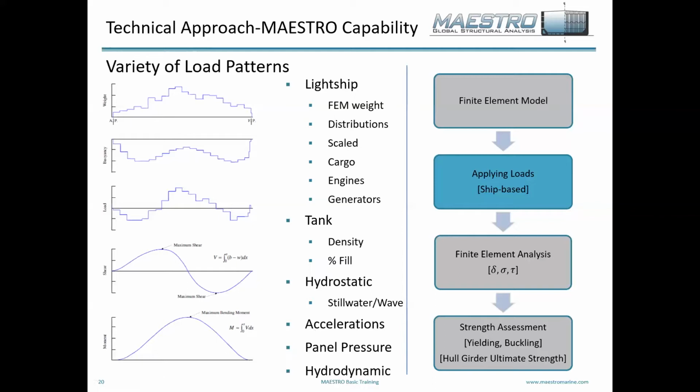Now some are applied automatically, such as the hydrostatic pressure, or maybe the pressure from the fluid in a tank. But you can also apply manually determined pressures onto a given panel. And then for the hydrodynamic, as we mentioned, something like Maestro Wave or an external program could be used to apply hydrodynamic loads to the model, which may include pressures and accelerations.